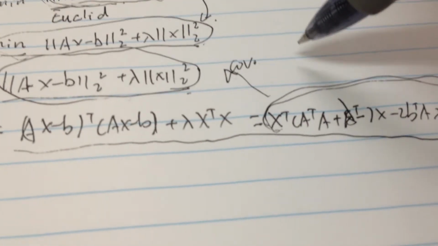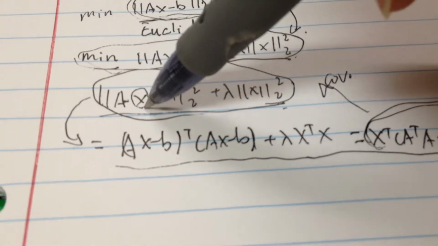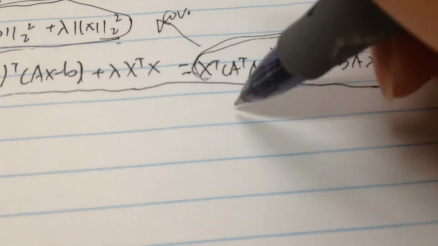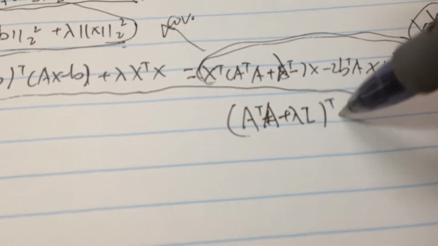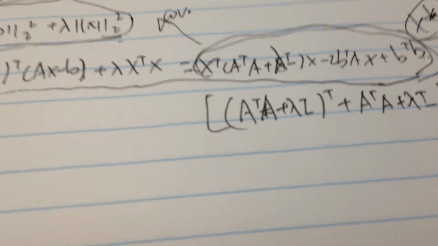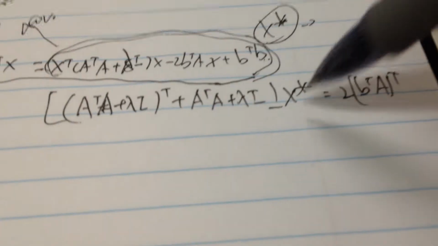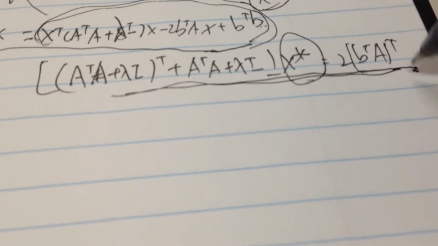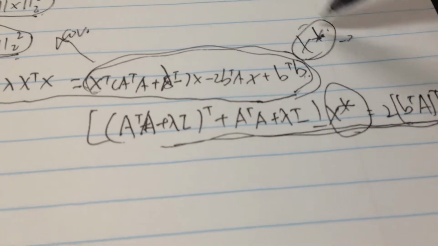We can figure out the optimal value by replacing x with x star. So x star satisfies this function, and we can figure out the optimal value of this point.